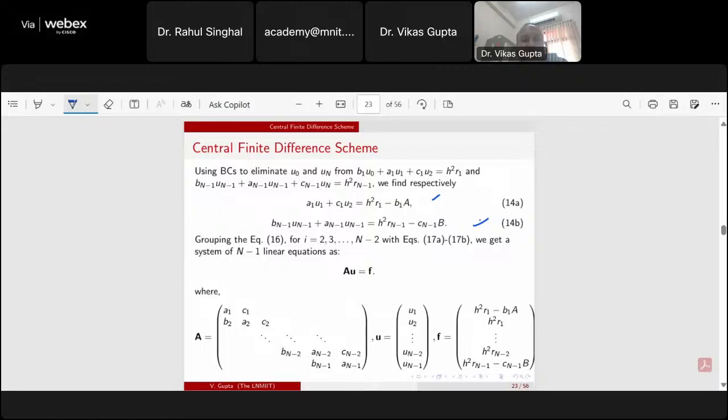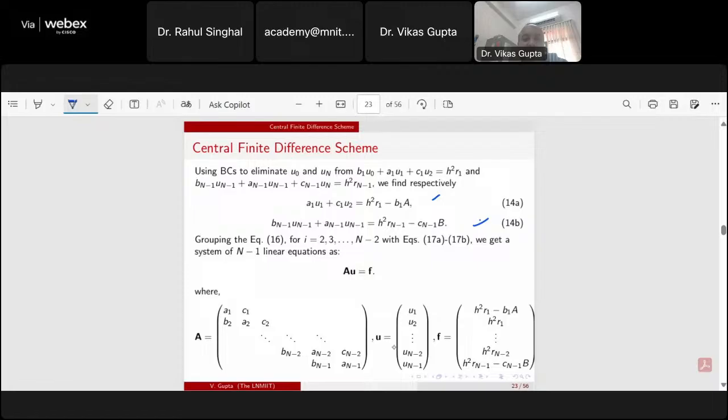That system of n minus 1 linear equations can be written in matrix form as AU equal to F, where matrix A is this tridiagonal matrix. All other entries are 0. On the diagonal we have entries ai, on the upper subdiagonal entries ci, and on the lower subdiagonal entries bi.